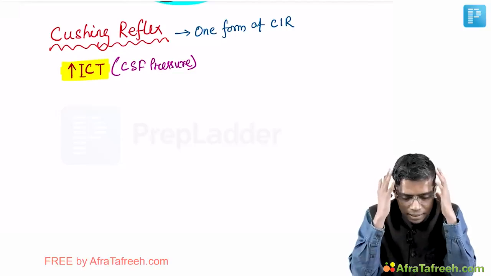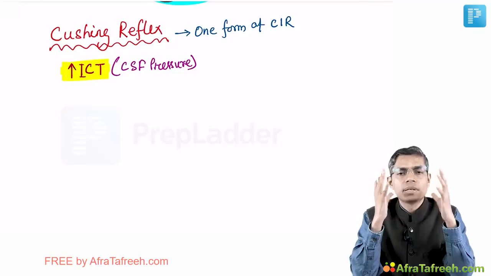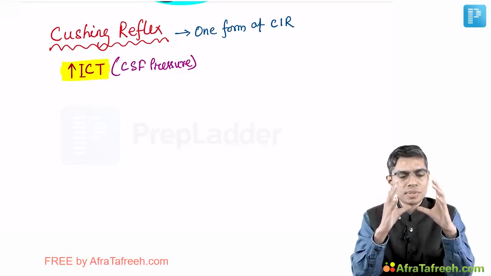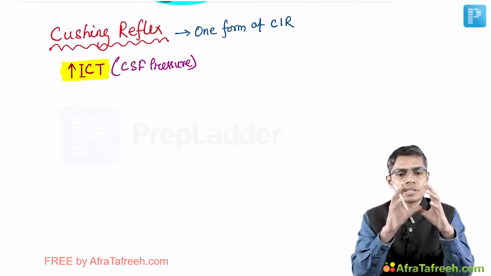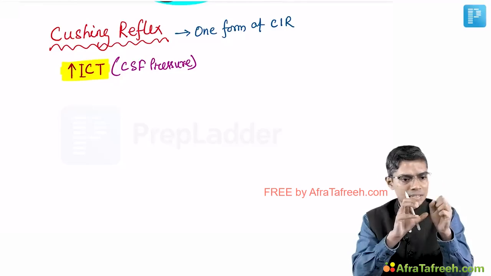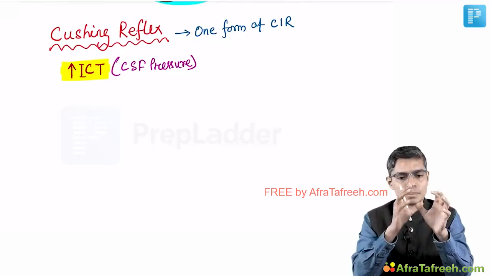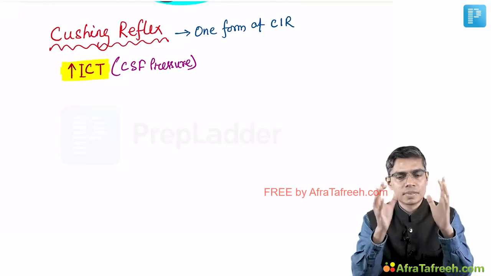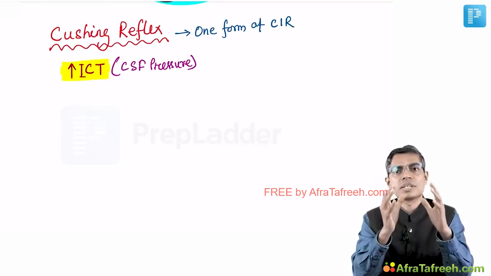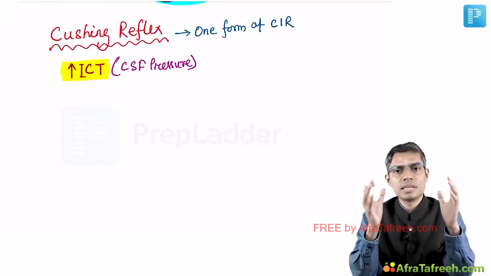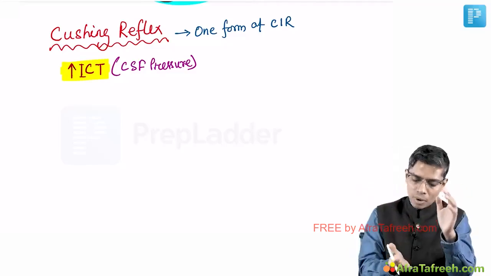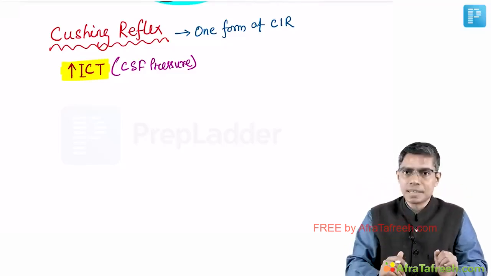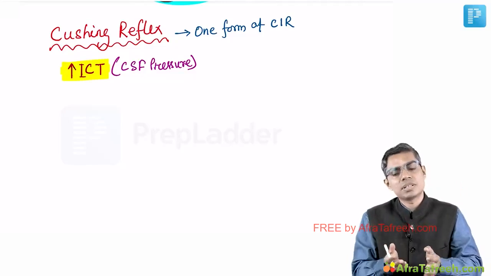What is that? It is said that the cranium bone maintains a fixed volume inside it, and that volume is a combination of brain volume, CSF volume, and blood volume. The sum of these volumes will always remain constant. That is the Monro-Kelly principle. So whenever one of these pressures or volumes is high, here the CSF pressure is high.